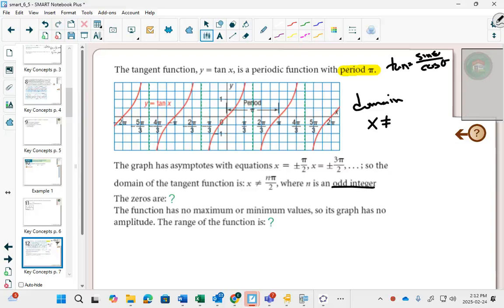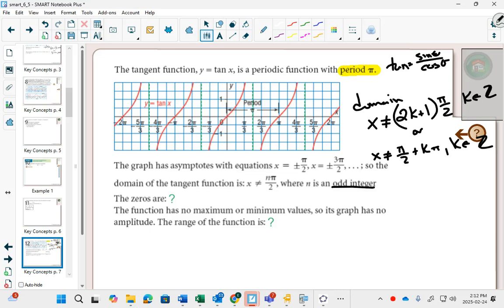Wherever cos is 0 is going to be bad. We just wrote the zeros of cosine to be odd numbers times pi over 2, where k is an integer. Or you could write it like this, pi over 2 plus k pi, where k is an integer. That would be your domain.